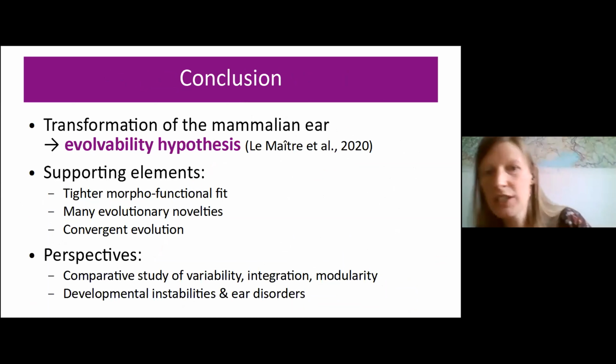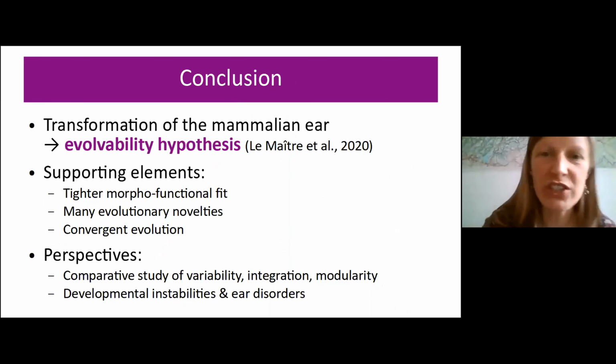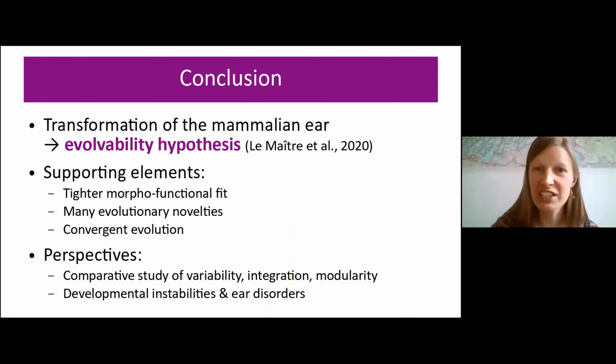So to conclude, the transformation of the middle ear in mammals is a very important transition during mammalian evolution.